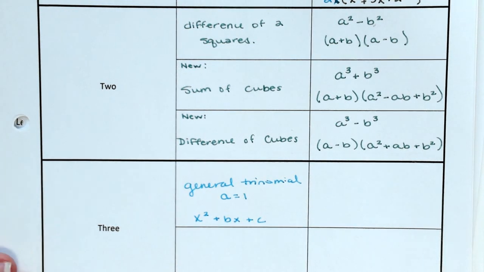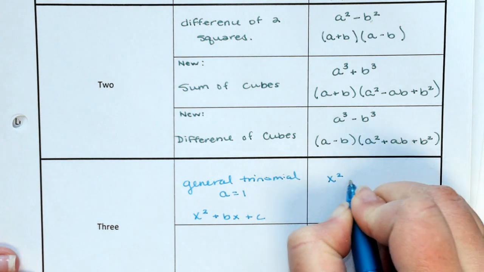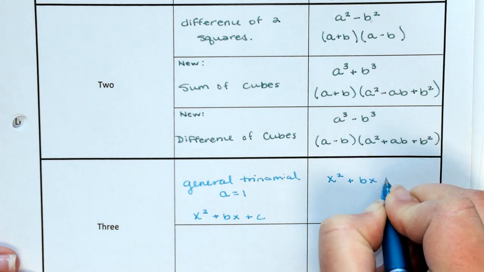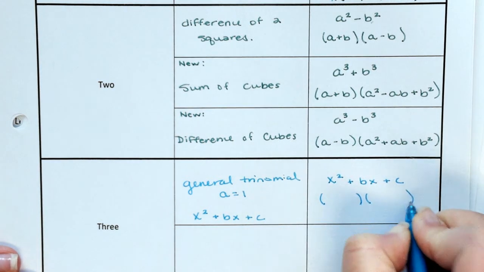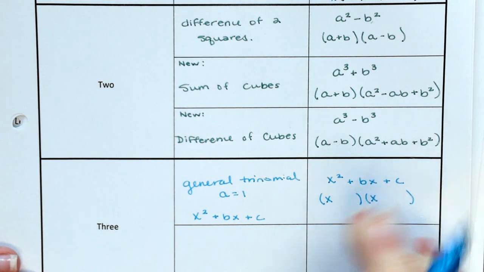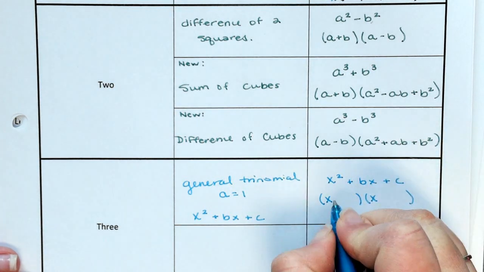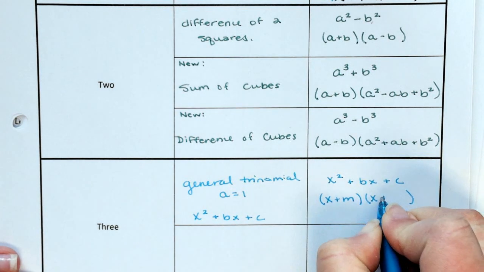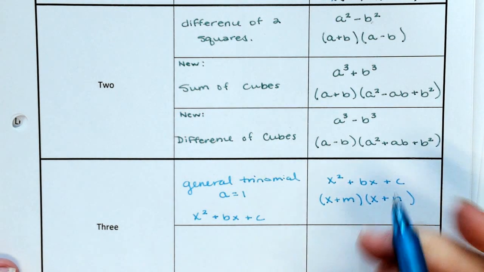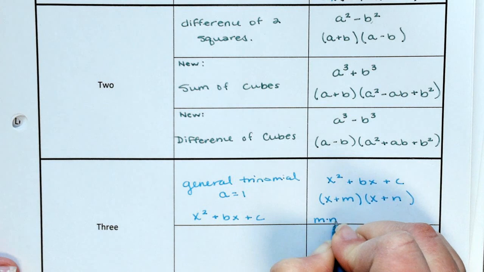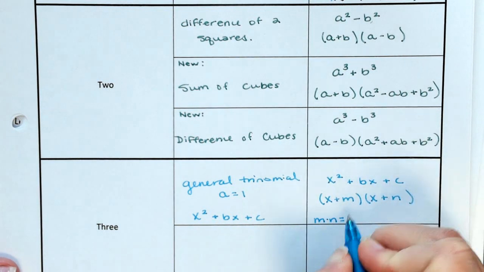And if you have that, where your a value is 1, then this will factor, and you know your first times your first has to be x times x. Okay. This will be a number m, this will be a number n. And we know that when we take m times n, it would have to equal that c value.